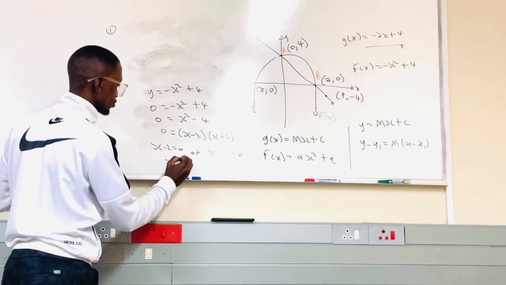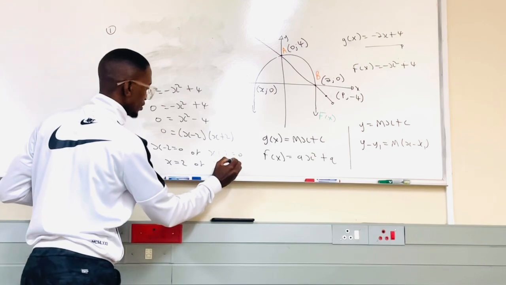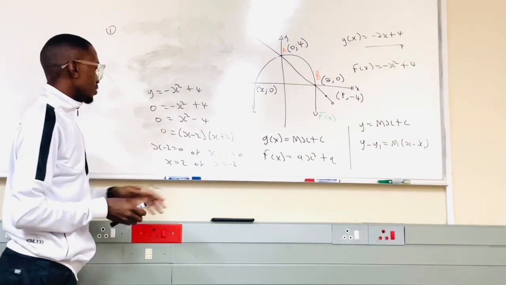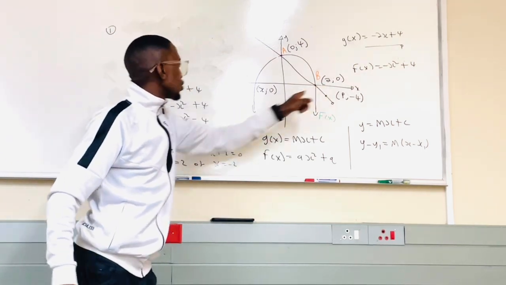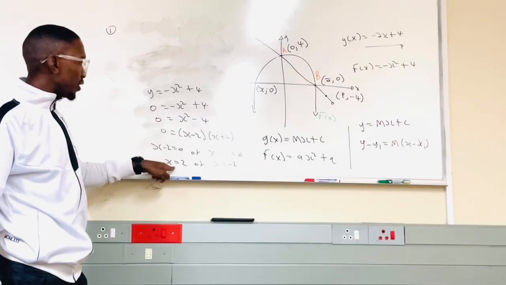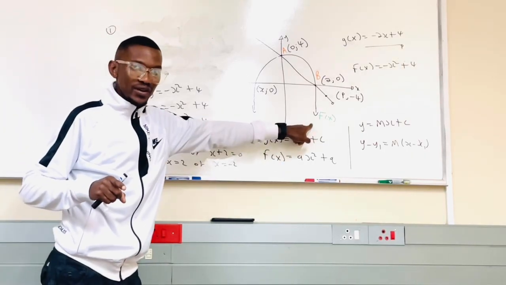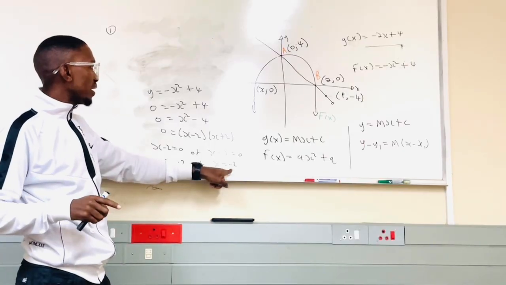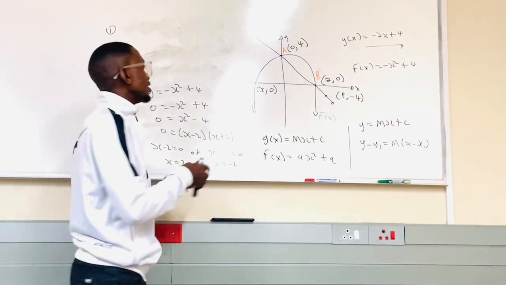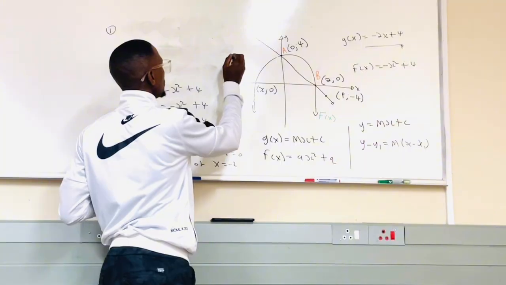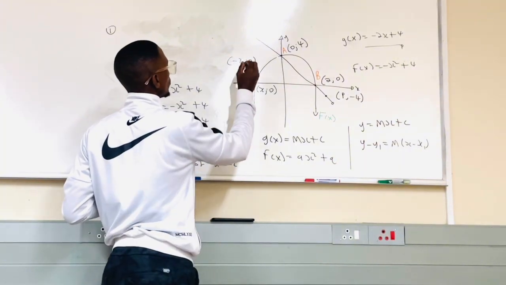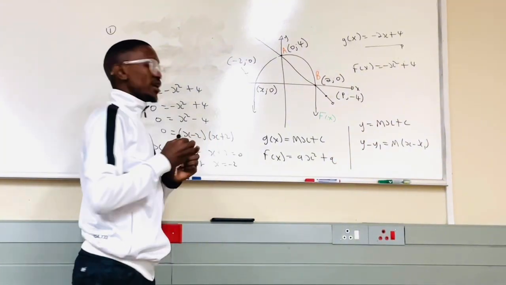Then your x equals to 2 or my x equals to -2. Now, this 2 and 0 is our point B, which shows that it's indeed part of the function f of x. Then you have x equal to -2 is going to be this guy. So we have the points of C now. It's going to be -2 and 0.